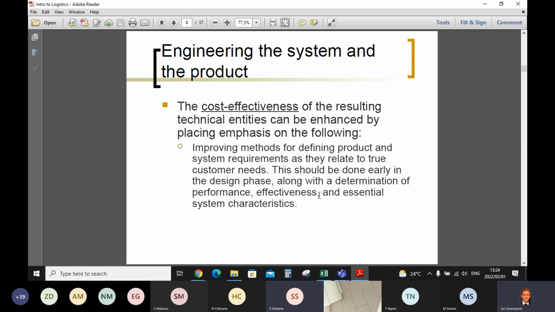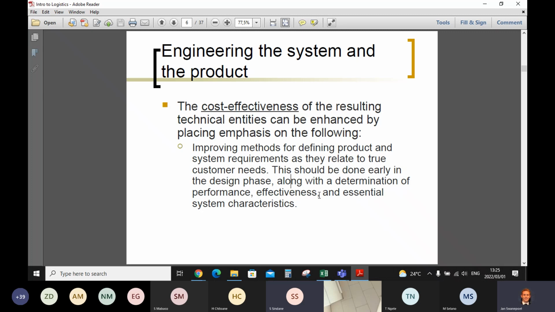If I'm producing a car, and this is just a very bad example, why would I want to include a reverse camera if that's not my customer's need? If my customer doesn't need a rear view reverse camera, it's just going to cost me more to include it in my design.